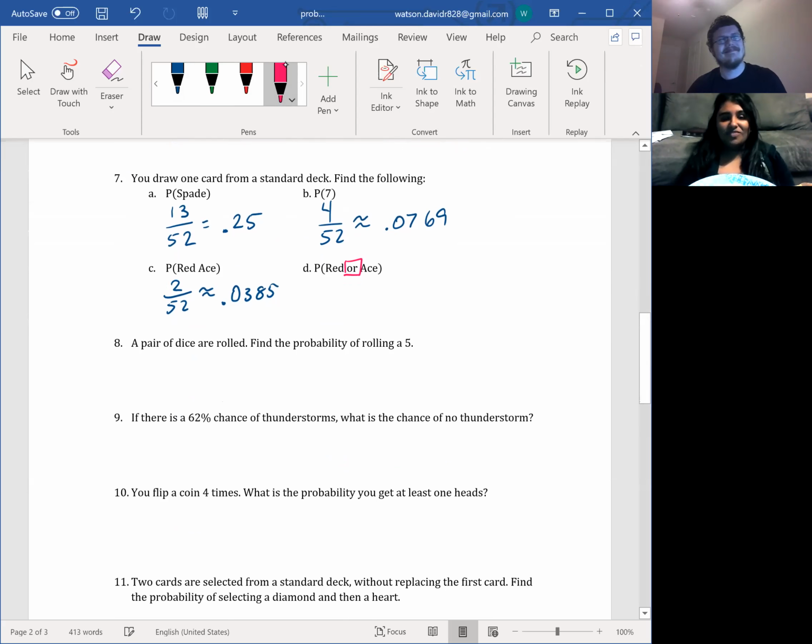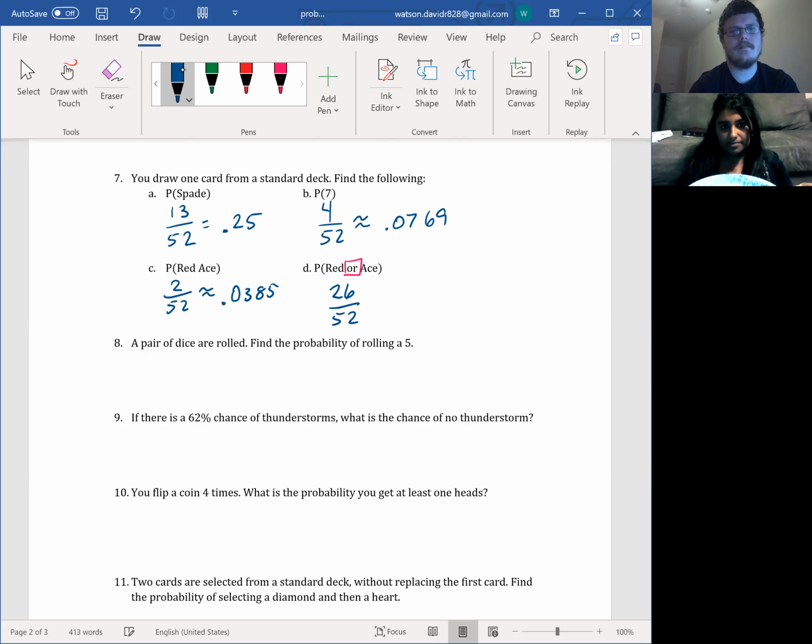Anyway, there's 13 red cards. Sorry, no, there's not 13. There's 26 because there's 13 hearts and 13 diamonds. Those are both red. So there's 26 red cards. Or means plus. All right. There are 4 aces.